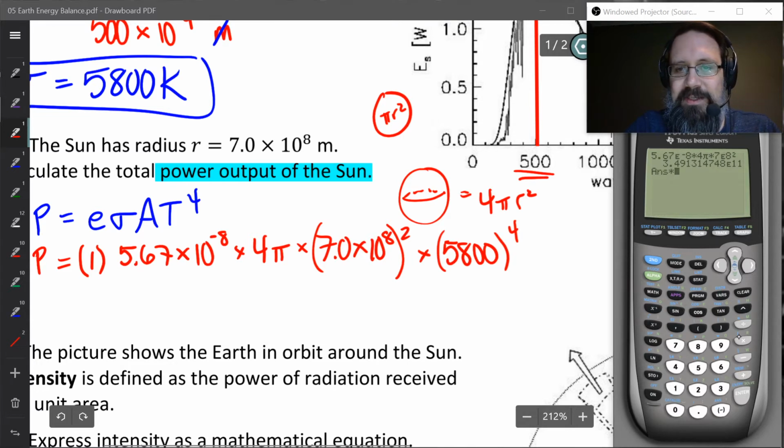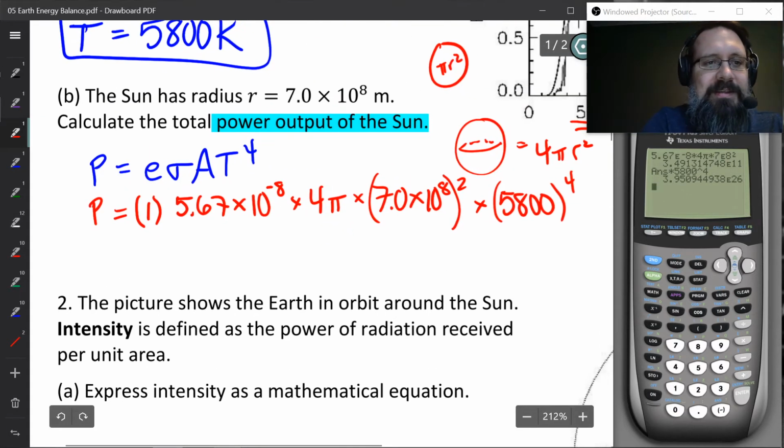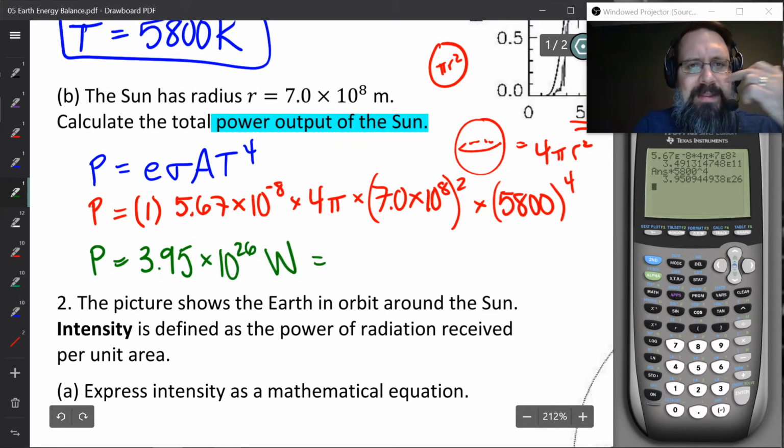So I just need to take this multiplied by 5,800, and raise that to the 4th power. And then here we have the power output from the sun. It's this incredibly large number. So this is 3.95 times 10 to the 26th, and this is in watts. There's only 2 sig figs here because of the radius there is 7.